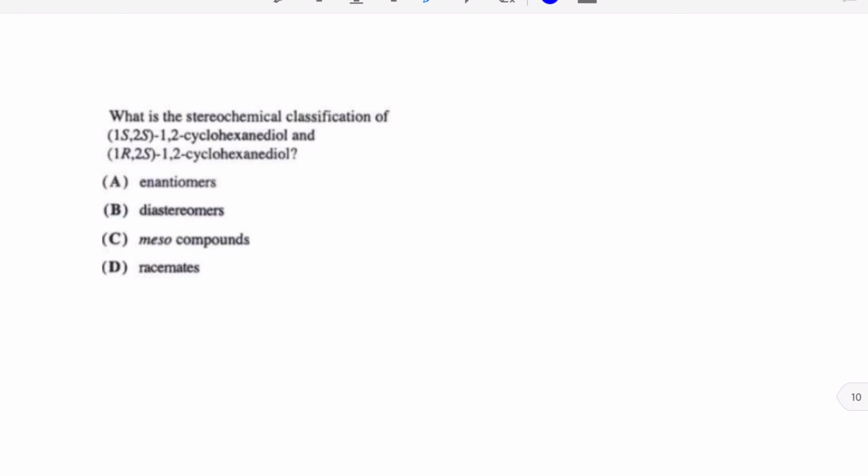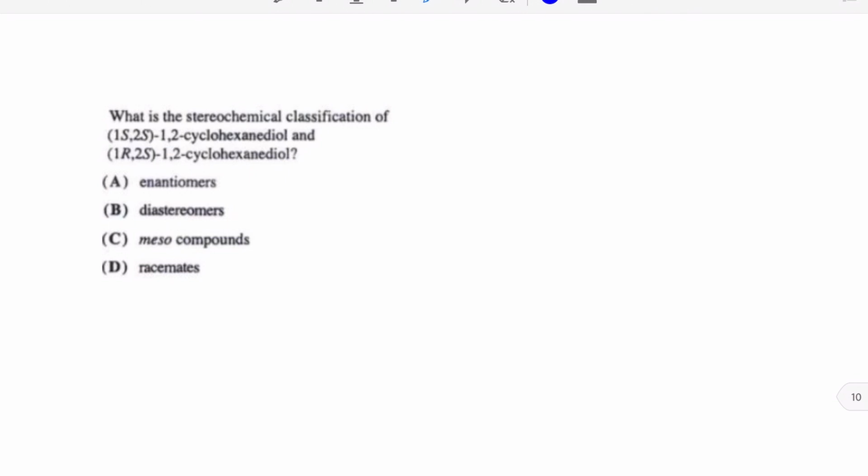And this actually puts the principles that we had just discussed into play. When we look at this molecule, we don't even need to draw it out. The focus for stereochemical classification are the stereocenters, so the first carbon and the second carbon. And what we're looking at specifically in order to solve this problem are their configurations.